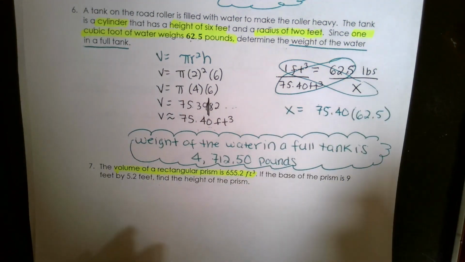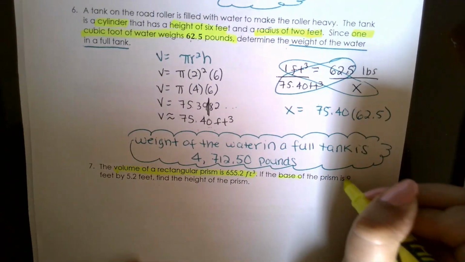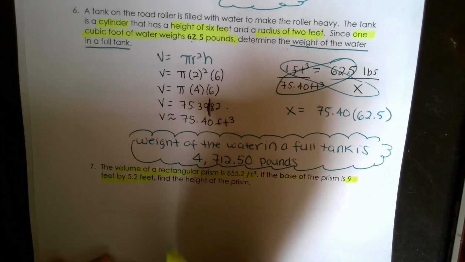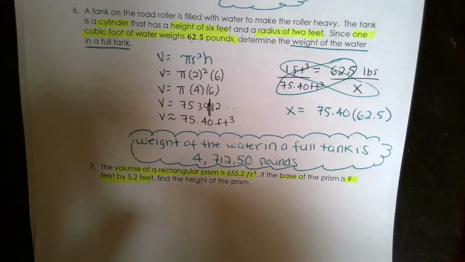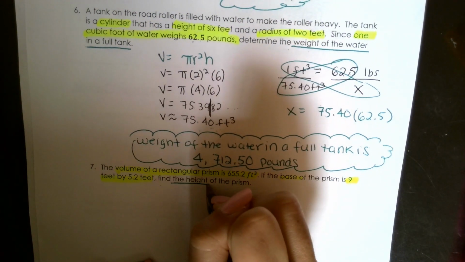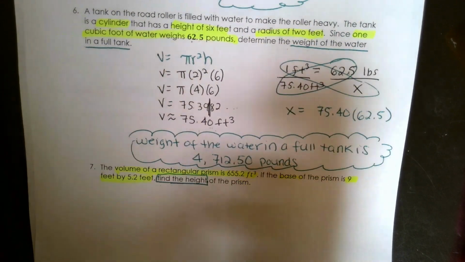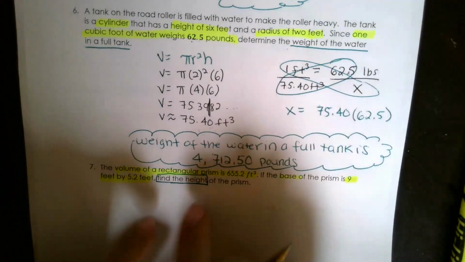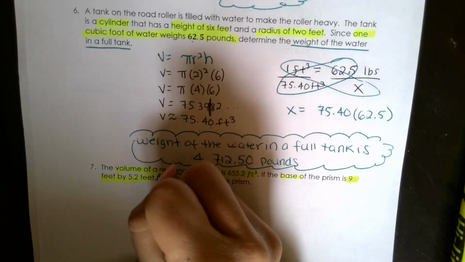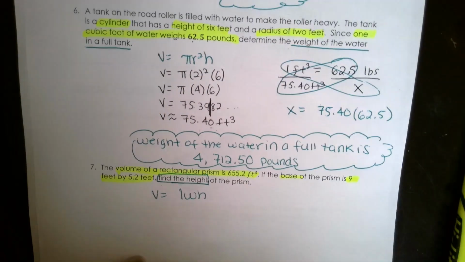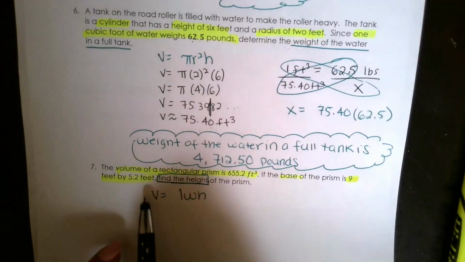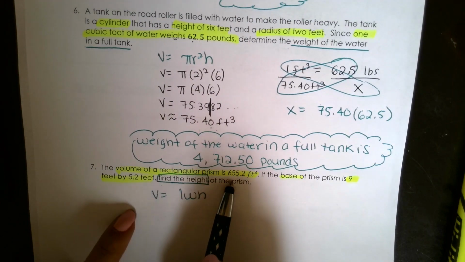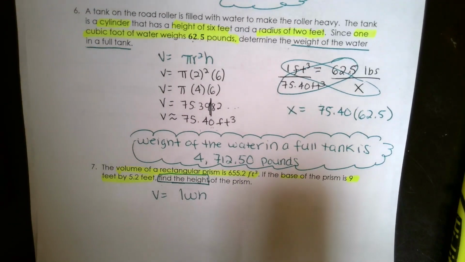The base is 9 feet by 5.2 feet. We want to find the height. Because I know it's a rectangular prism, my volume is length times width times height. They told me the volume is 655.2 cubic feet.